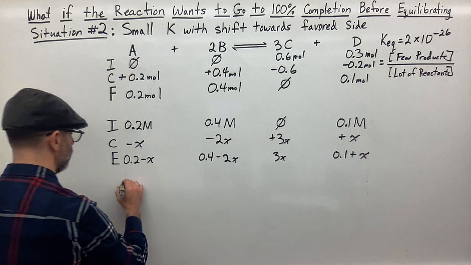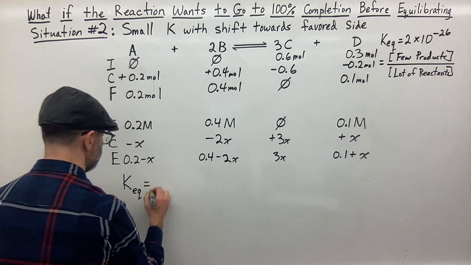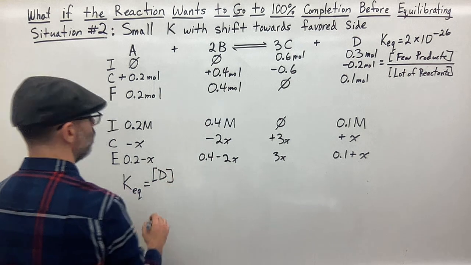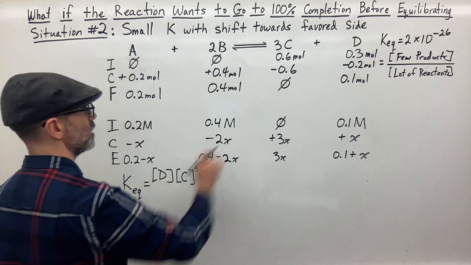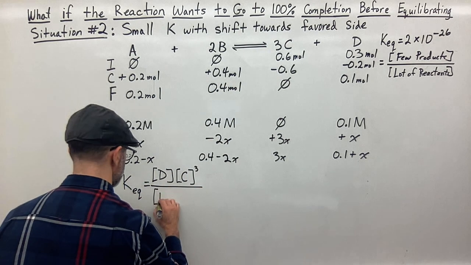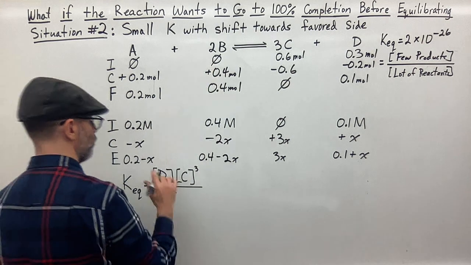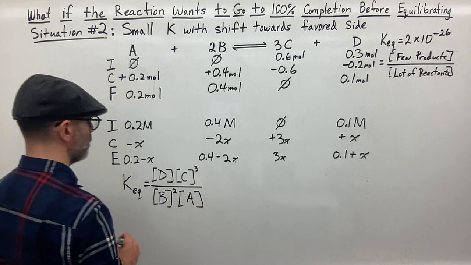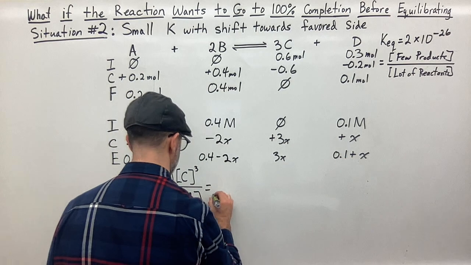So now I can write out my K expression. It's going to be the concentration of D multiplied by the concentration of C raised to the power of 3 because of the 3 coefficient, divided by the concentration of B raised to the power of 2 because of the 2 coefficient, and multiplied by the concentration of A. So now I can put in my equilibrium expressions in terms of x.